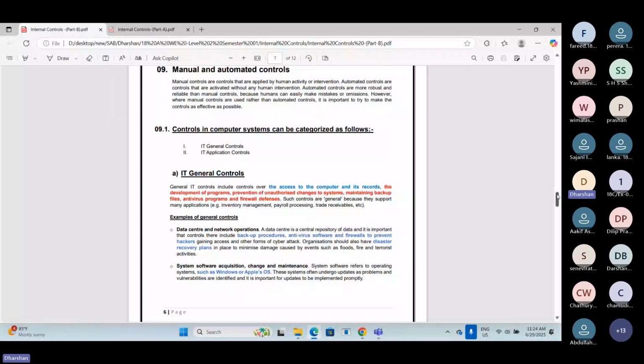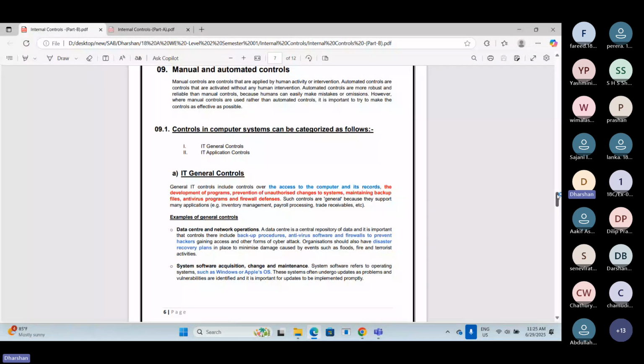So general controls means some controls are applicable to all applications, all processes. I will come to that later. If you take the phone example, some controls are applicable to all applications: WhatsApp, Facebook, mobile bank, mail, all applications. Those controls are called general controls.